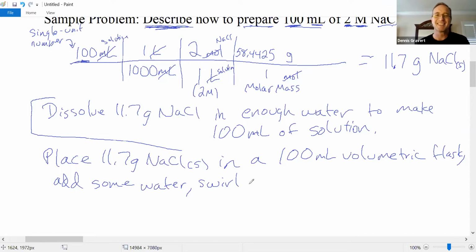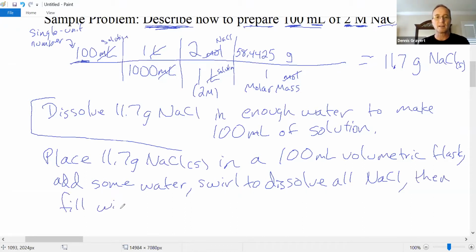No, you could say just mix. Swirl to dissolve all NaCl, then fill with water to the 100 ml mark. There.